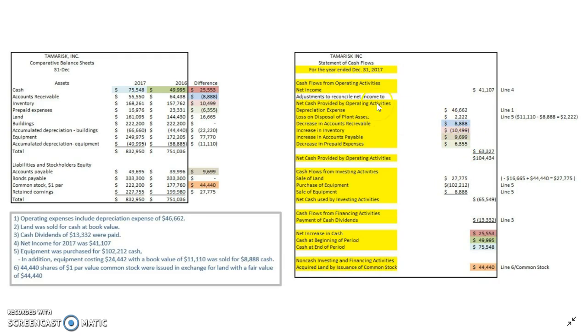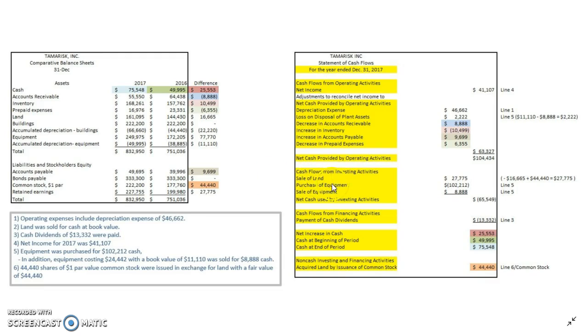These are all the items that we require for our operating activities, and we add all that up, and it comes to $63,327. We total net cash provided by operating activities: $41,107 plus $63,327 for that total.